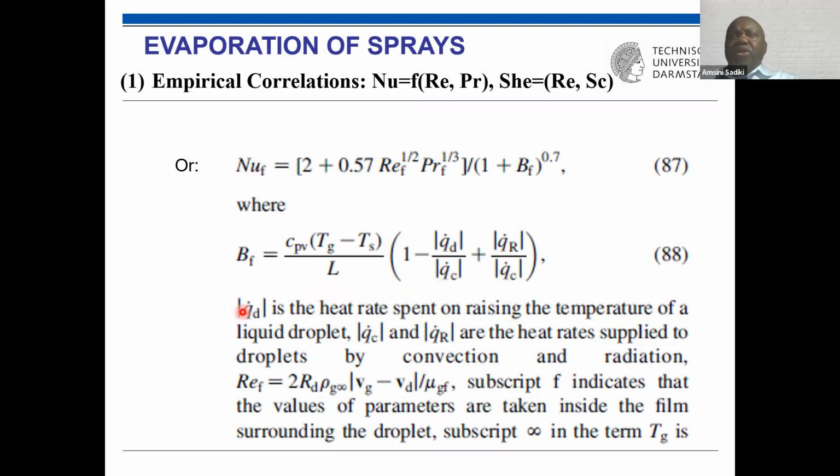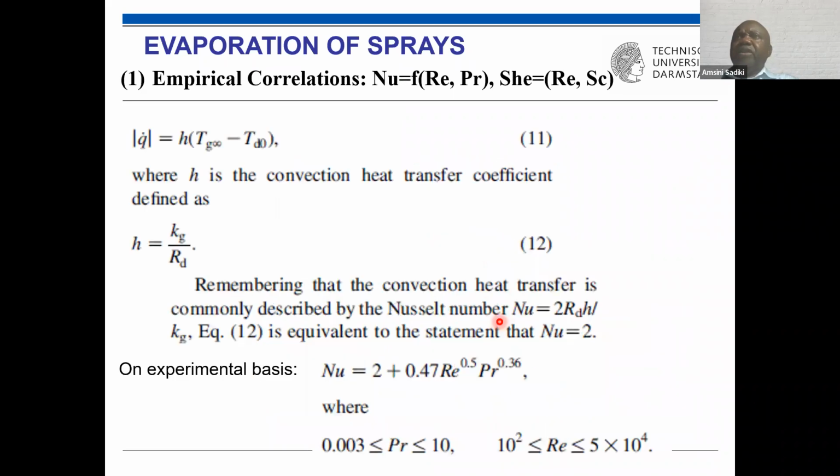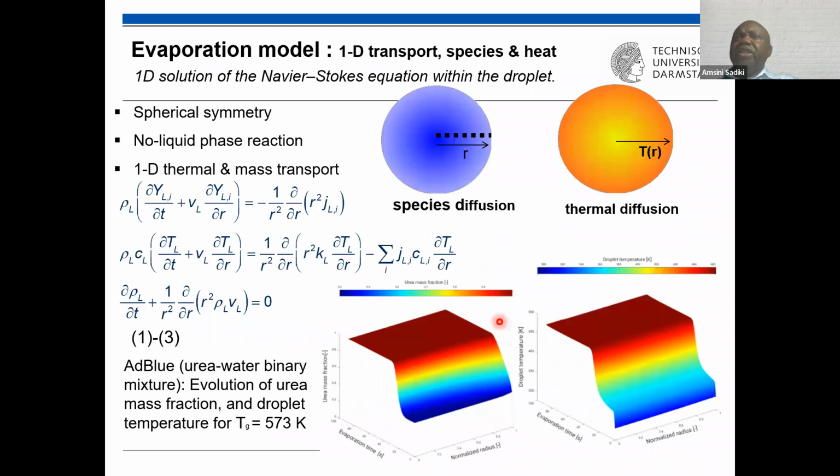We have two contributions here. The first one is the heat rate spent on raising the temperature of the liquid. So that is what we have seen here: a quantity of temperature needed to raise the temperature of the liquid.